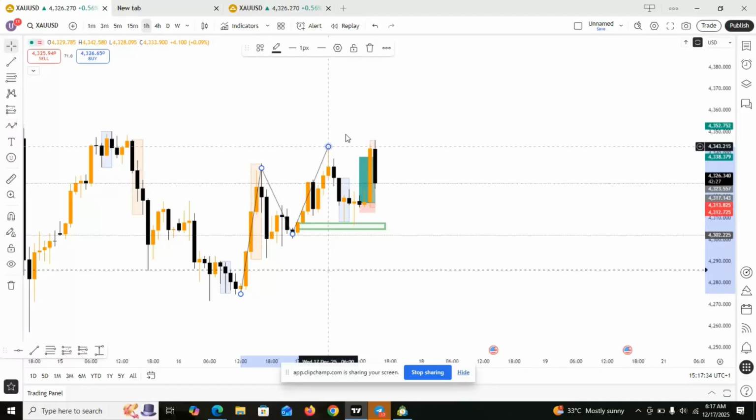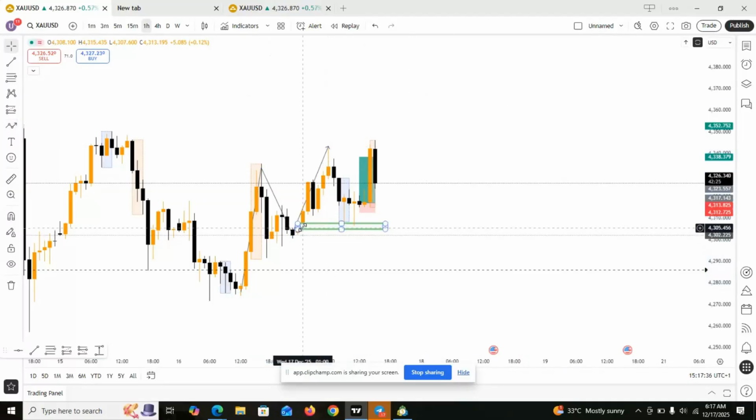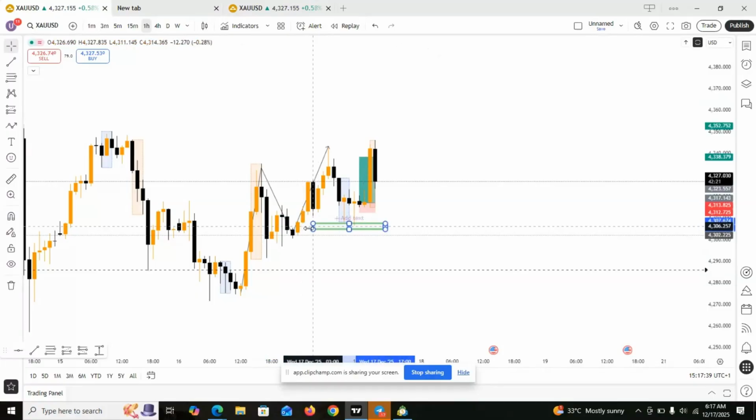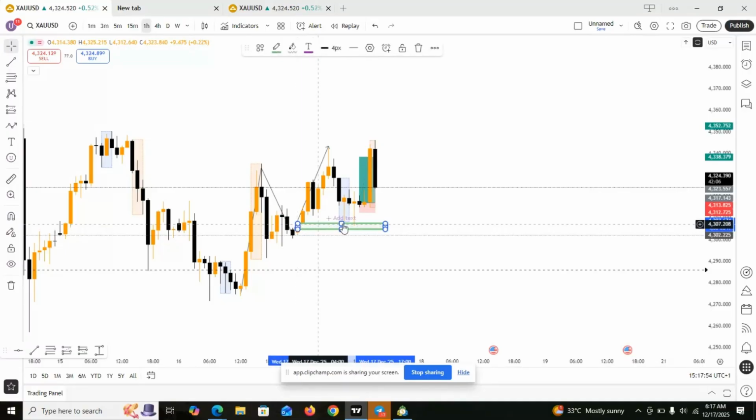As price created this structure, there was a fair value gap here. The third candle and the first candle, the bodies and the wicks are not contacting, so it created a fair value gap. So all I did was highlight this fair value gap.